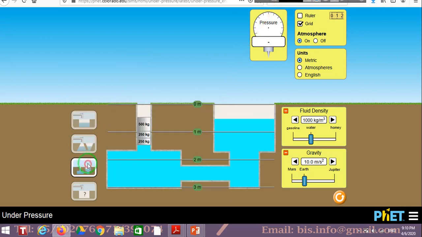The concept of the hydraulic press is similar to this experiment that we did. As we can see here, the level of liquid will decrease at this point and increase at the other point.